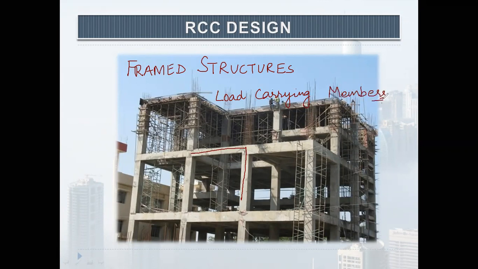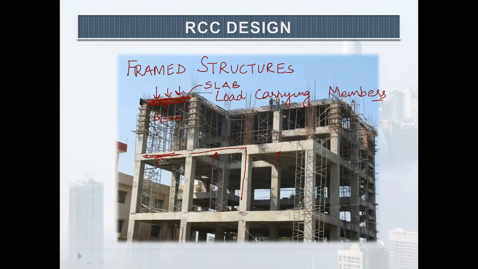So what are load carrying members? From where the load is going to the ground. Suppose we have some load here. This load is transferred to this member, which is called slab. From this slab, the load is transferred to the beams beneath; this is a beam, this is also a beam, this is also a beam.